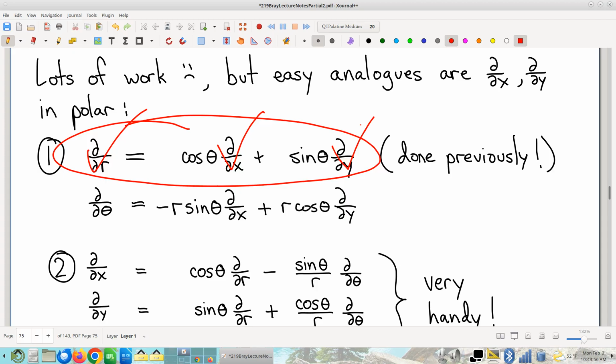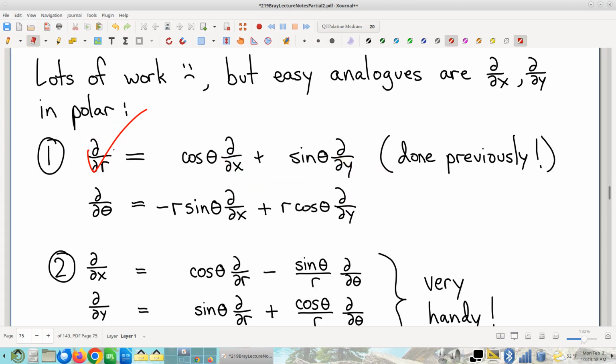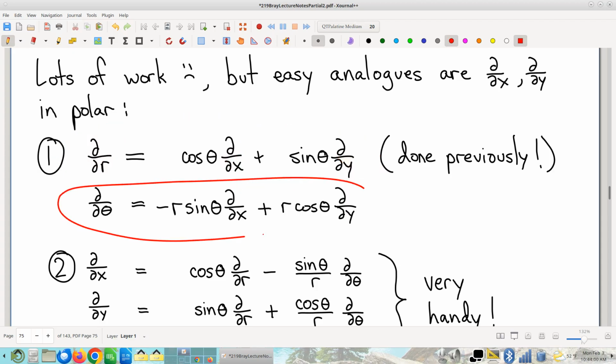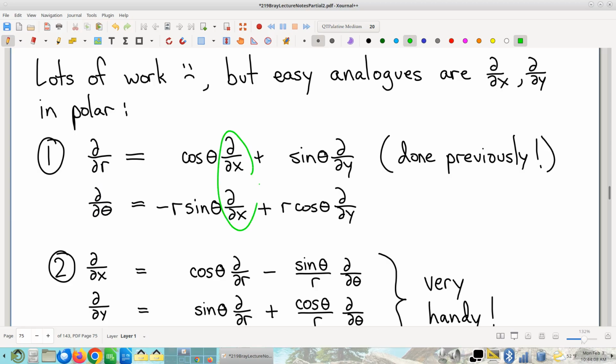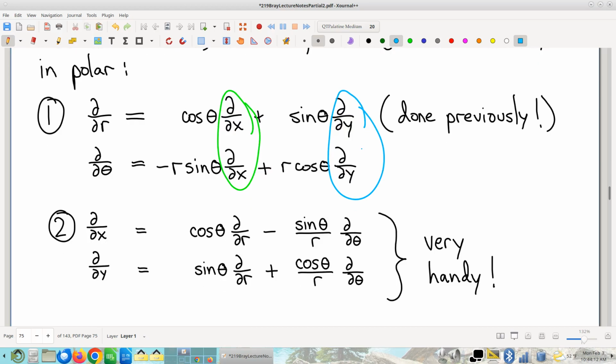So you can do that same thing for the theta partial, and again, you will, as part of a homework exercise. And having done that, notice you have a system of equations for x partial and y partial, which you can then just solve for using Math219 linear algebra methods from whichever linear algebra course you took.